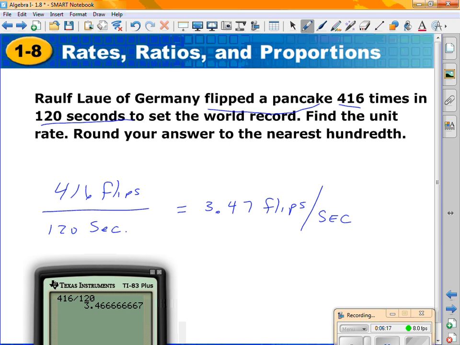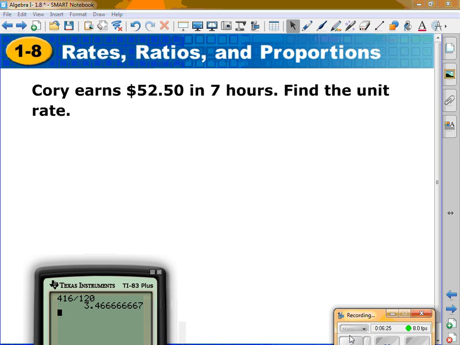So for every second, they're flipping over 3 times. That's pretty fast. That's a unit rate. You usually see the unit rates, especially in the money, the miles per hour, the points per game, those types of things.